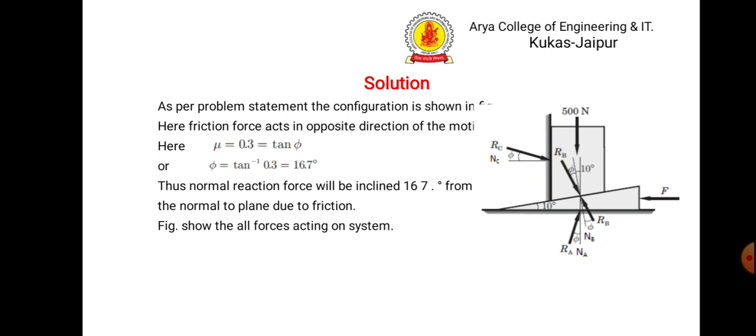Now for the body having weight 500 Newton, the motion is in the upward direction. So I rotate NC at an angle phi in the upward direction, and RB in the left-hand direction.